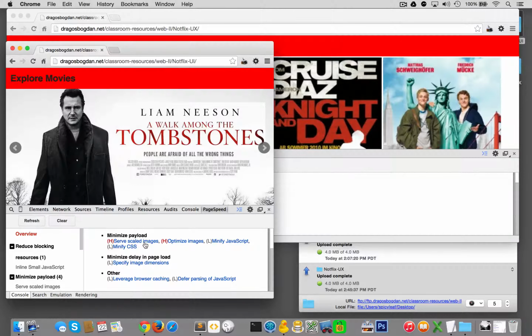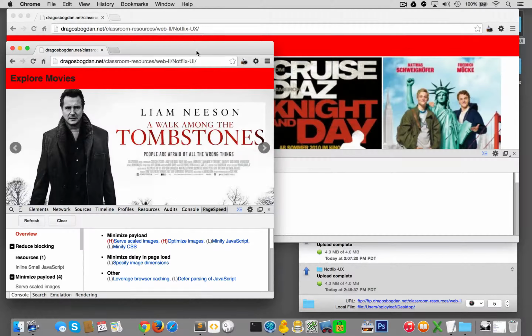When we're talking about responsive design, we can't always serve up the exact dimension images that the user's browser window is resized to or the device has. So we sort of have to go with what works. There's some server side stuff that you could do, pretty complicated things, and they have their own cost benefits.